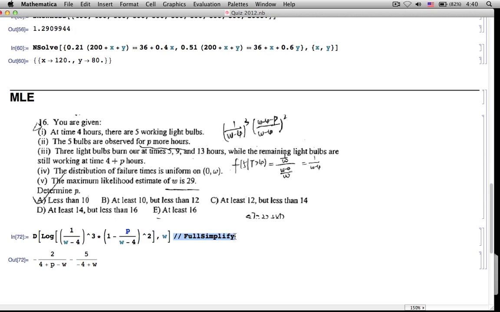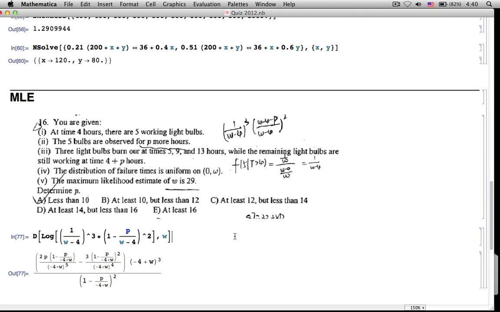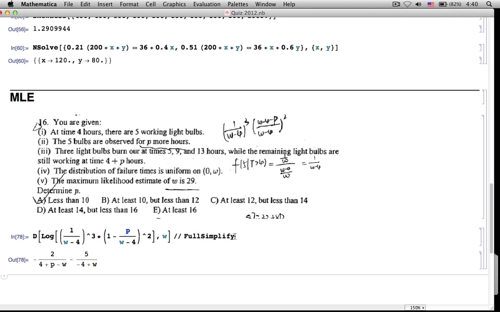Without FullSimplify you'll get a mess that's probably too much to handle, and you want FullSimplify to boil it down a little. You substitute 29 into this and set it to 0. Then you solve for p, and that will give you p around 6.875. Therefore, choice A is the best answer.